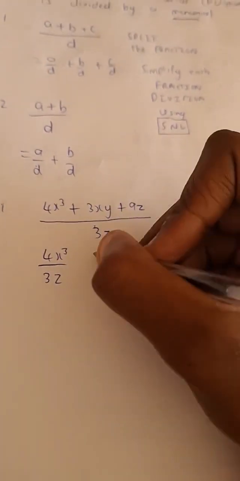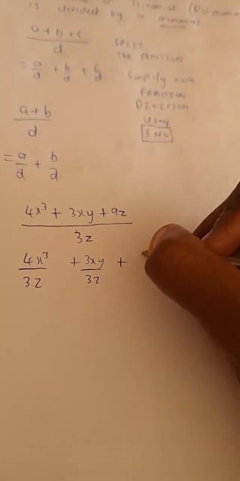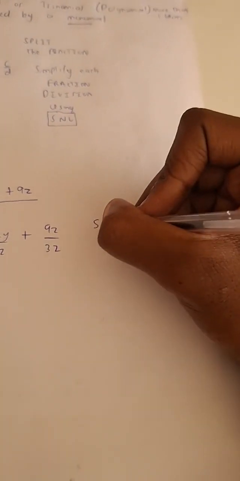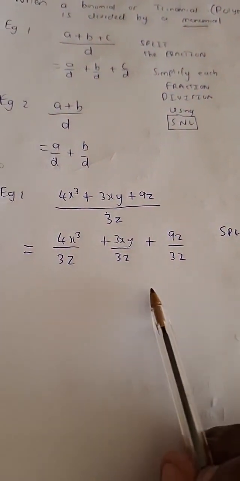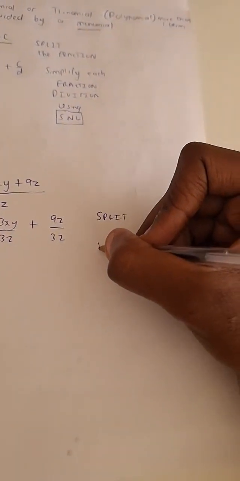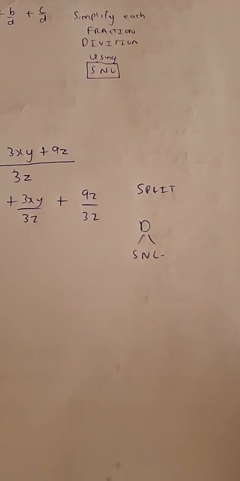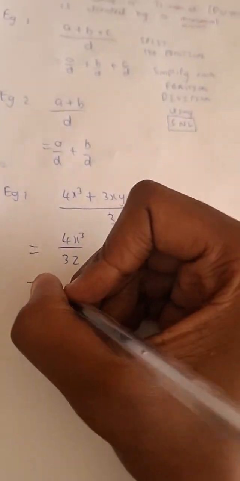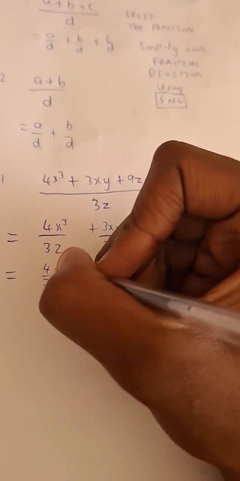So let's split. Do you see the splitting that's happening? The split has happened. Now we are ready to divide, using SNL, each individual fraction. 4 divided by 3 stays, that's still 4 over 3.